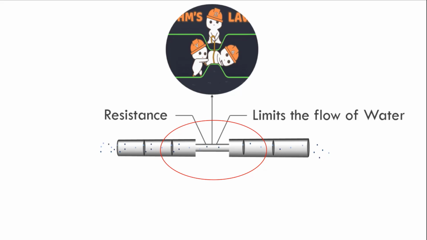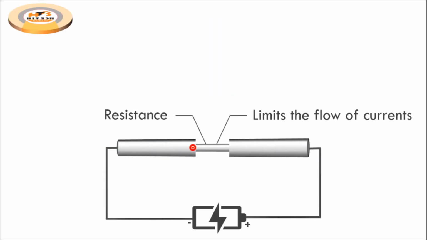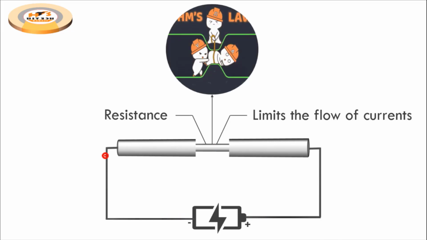Then this connecting pipe will reduce the flow of water in the pipe. So this will act as a resistance for the water flow. Similarly, electrical resistance reduces the flow of electrical charges, and so reduces the flow of electrical current in the circuit.